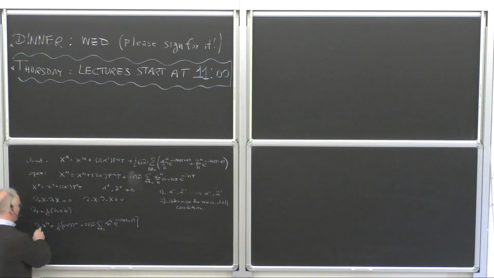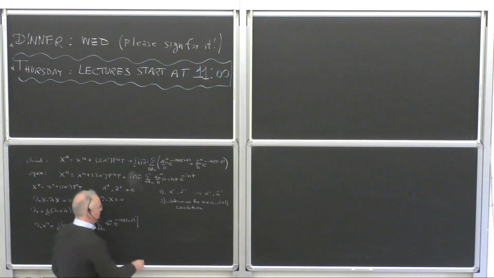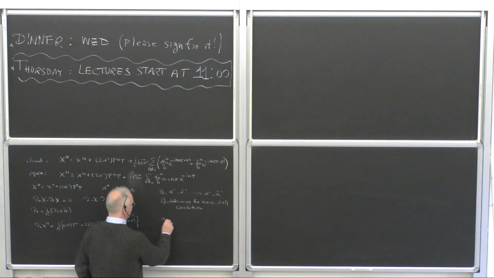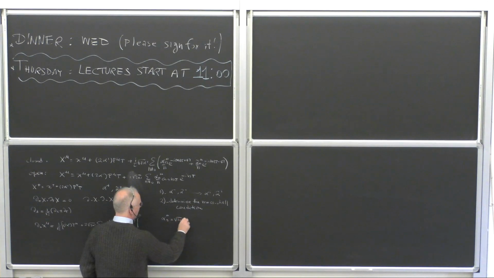With d minus, what I would do is to replace the alphas with the alpha tilde. Now at this stage it's convenient to define alpha 0 equals square root of 2 alpha prime p mu.